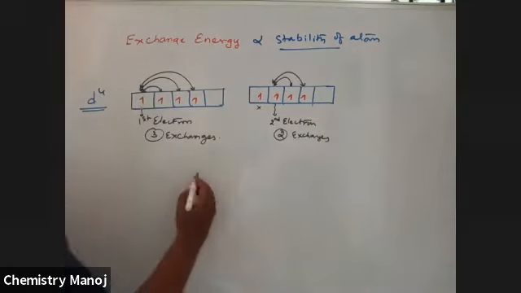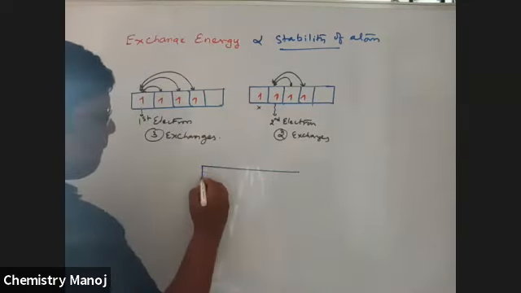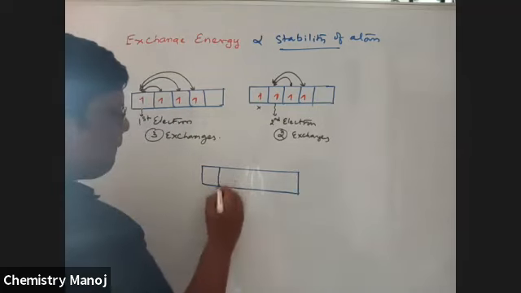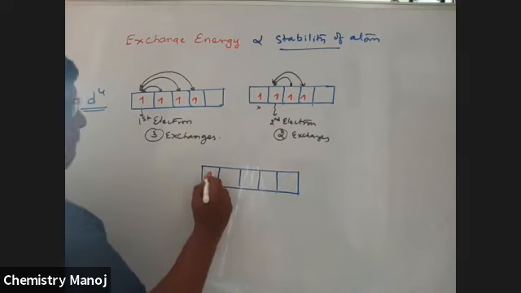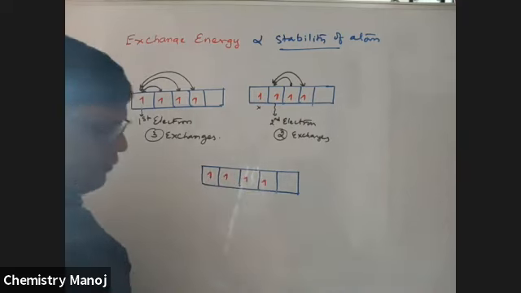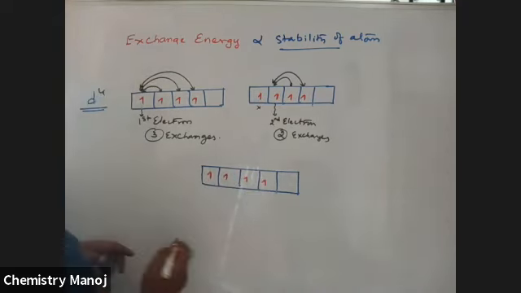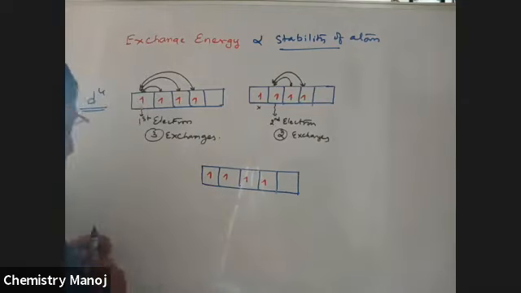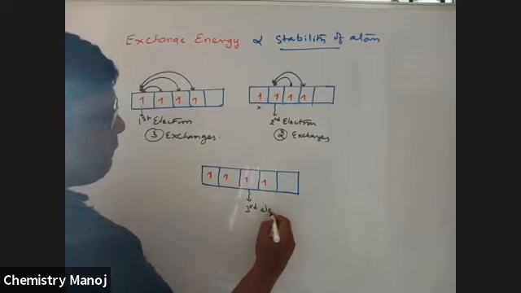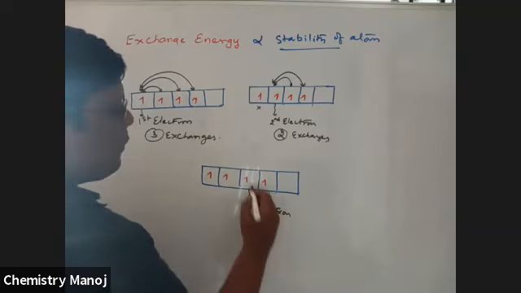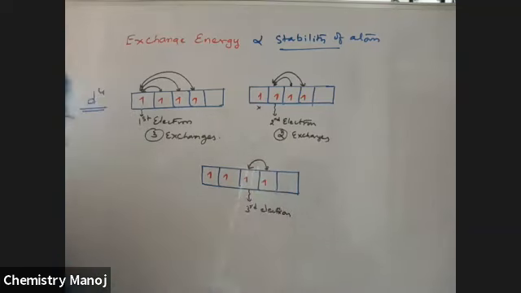Next, now the third one, d4. Now I'm considering this one. This is the third electron. Only this exchange is possible, and only that exchange is possible.